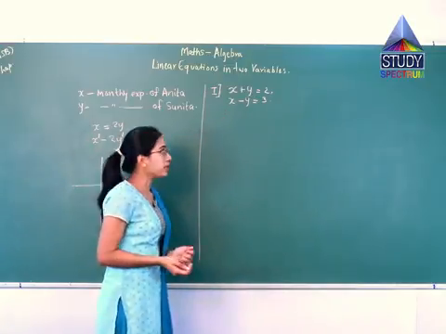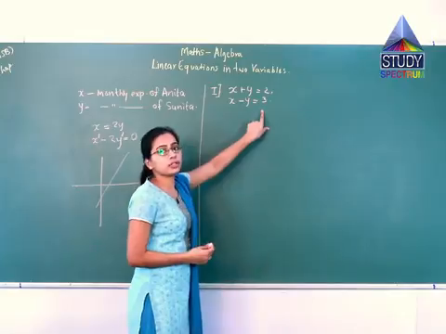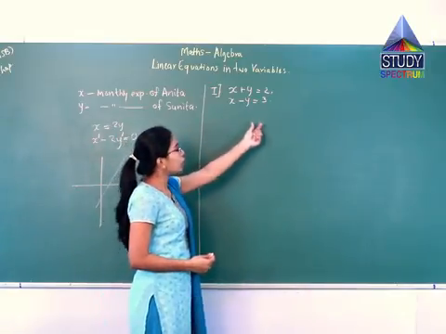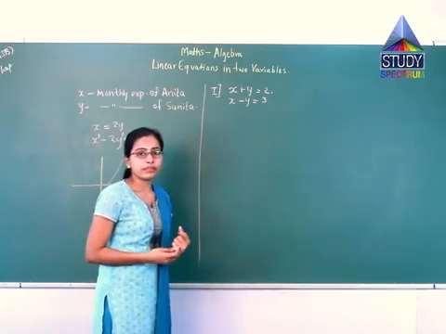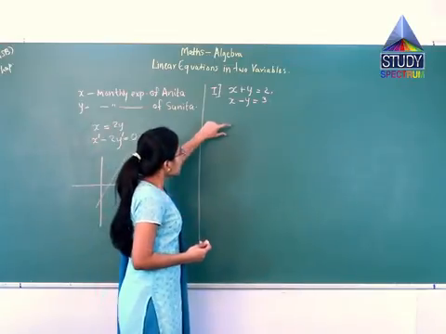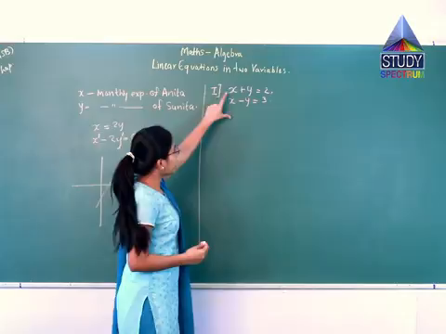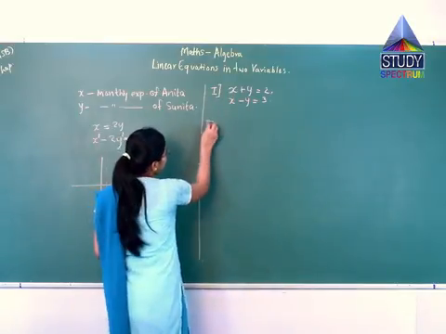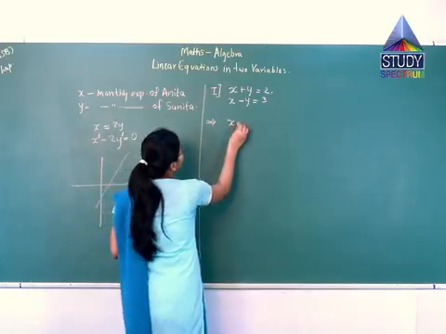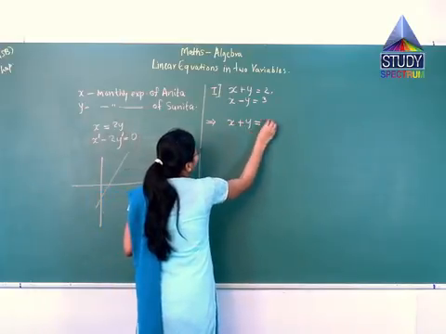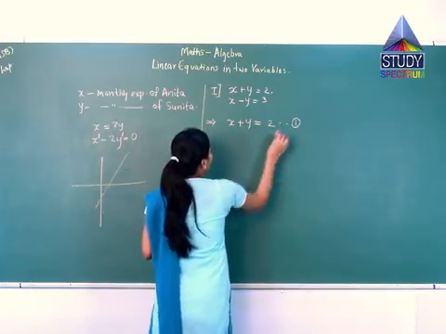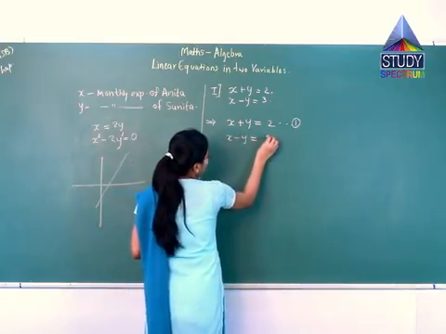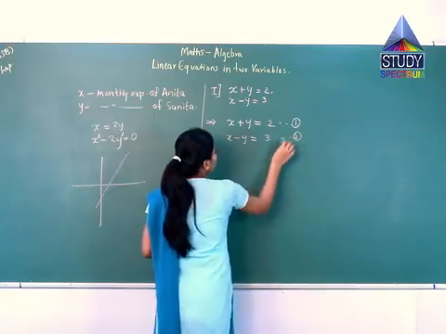Simultaneous equation means after solving the two equations we will get one value of x and one value of y, and both the values will satisfy these two equations. Let us see. I am marking this equation number 1 and x minus y as equation number 2.